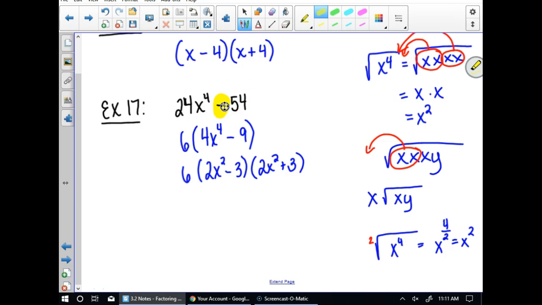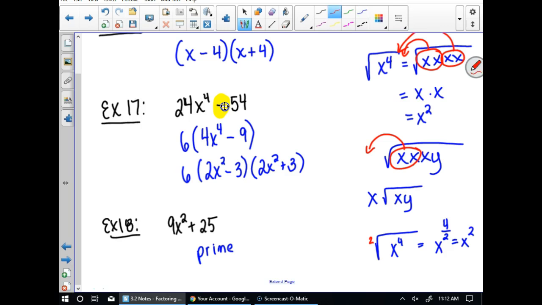So if you have something like this, example 18, 9x squared plus 25, you can take the square root of 9, you can take the square root of 25, but you've got a plus sign in between, so this one would be prime. You can't factor it if you've got that plus sign there.